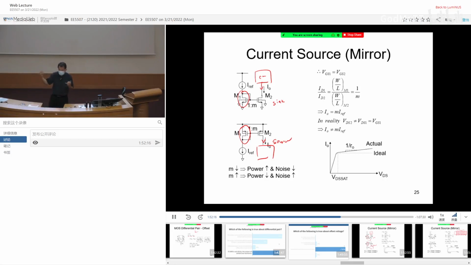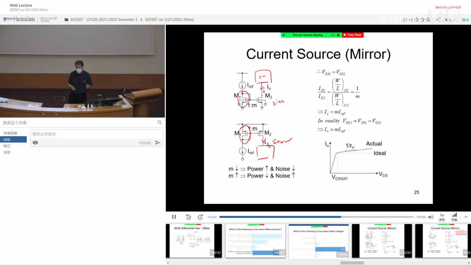Because the other branch has the same VGS, it should have the same current. But it will be very inefficient. Think about that. If I use 1-to-1, meaning that if I want to establish 1 milliampere, I use 1 milliampere, then about 50% of the power is actually wasted, if you think carefully. Because only 50% is used for the real function. The other is just used for establishing the reference.